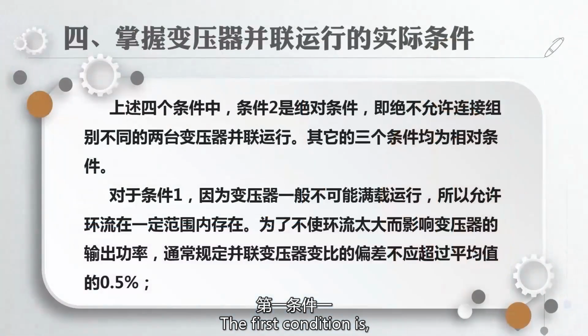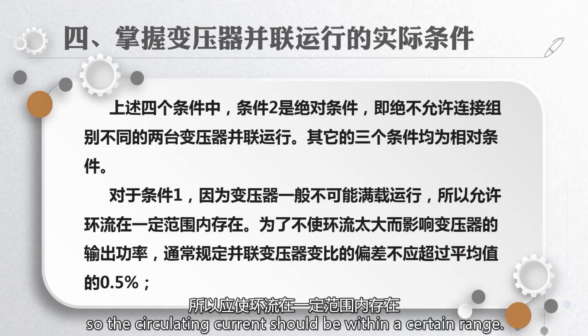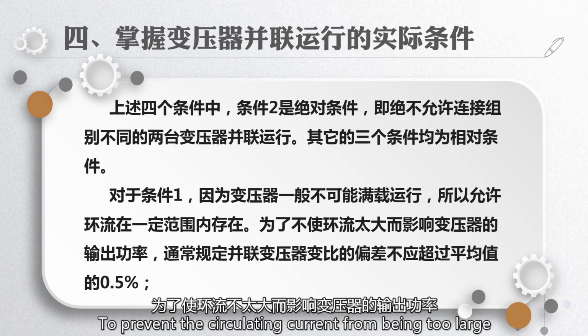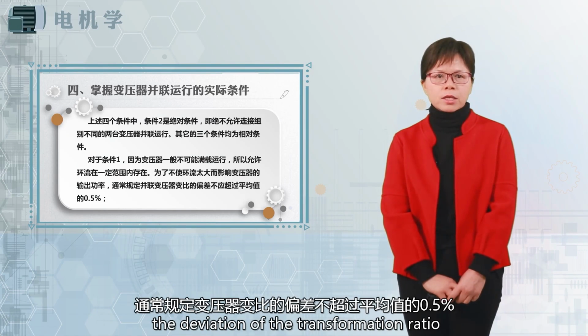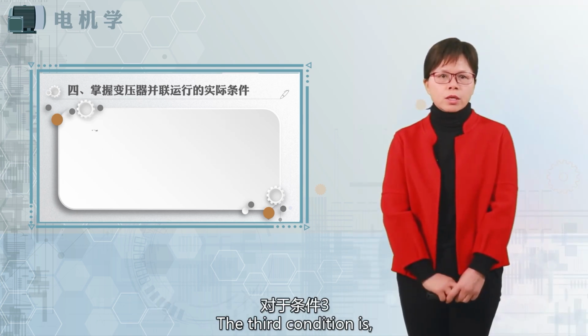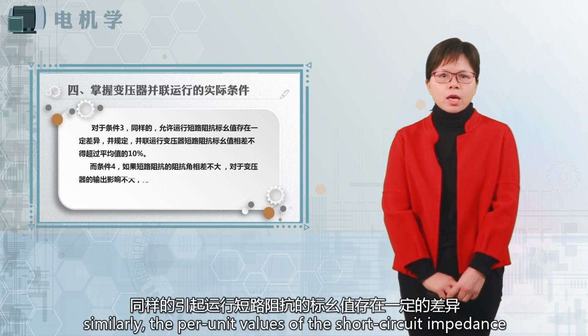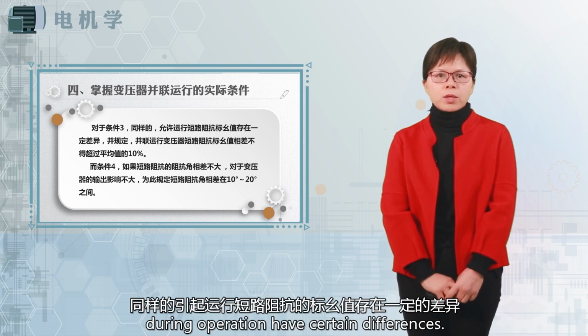The first condition is, since transformers are generally not fully loaded, the circulating current should be within a certain range. To prevent the circulating current from being too large and affecting the transformer's output power, it is usually stipulated that the deviation of the transformation ratio of the transformer should not exceed 0.5% of the average value. The third condition is, similarly, the per unit values of the short circuit impedance during operation have certain differences.